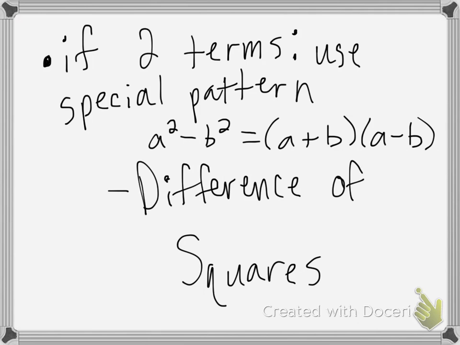Take the square root of a squared. That'll give you a, and put it in the first position in each set of parentheses. Take the square root of b squared. That'll give you b. Put that in the second part of each set of parentheses. And then one's a plus, one's a minus. Does that somewhat ring a bell? That's our difference of squares.